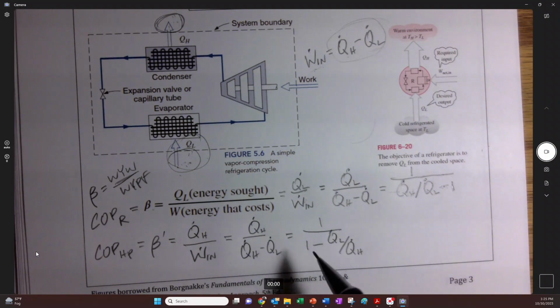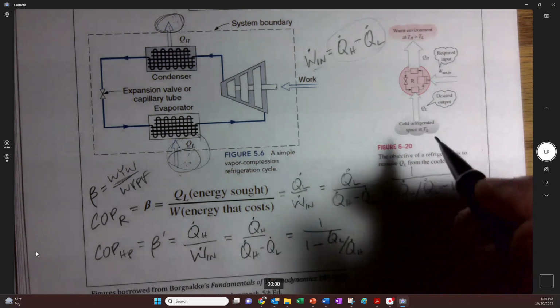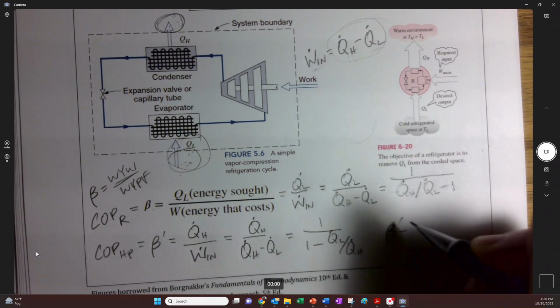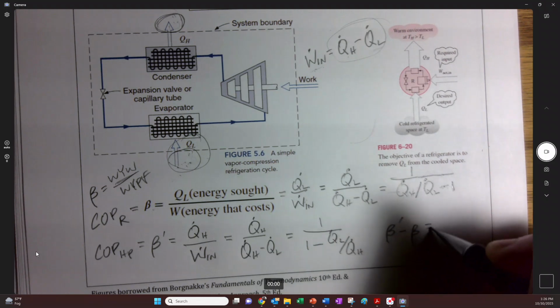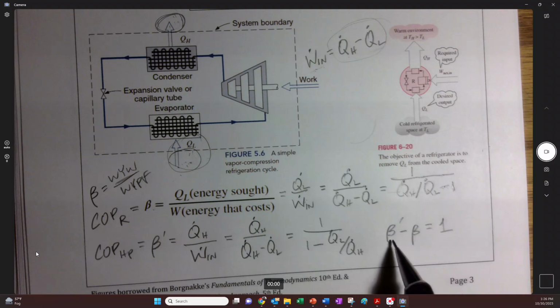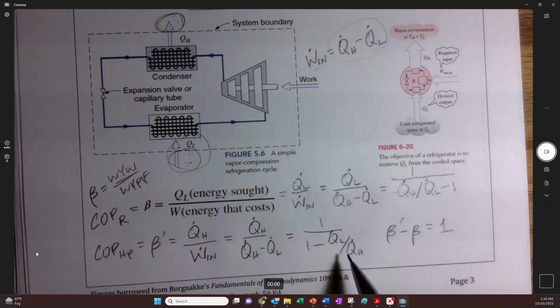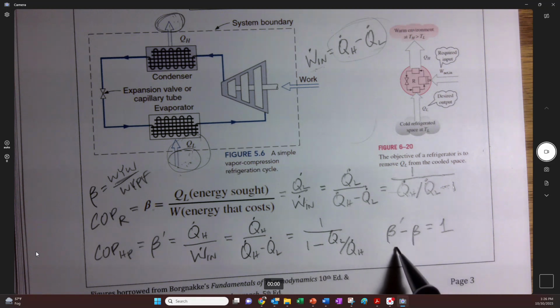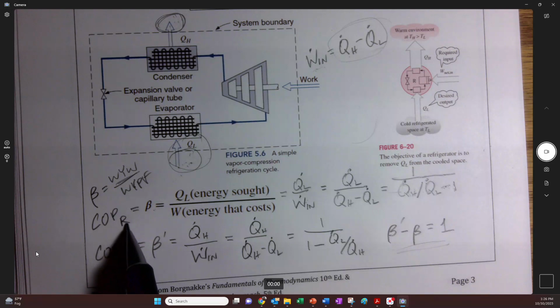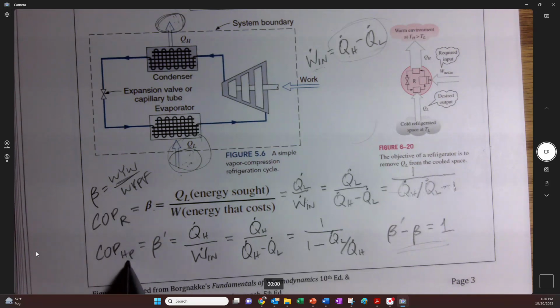And this too is going to be greater than 1. If you had the same values though, note that you get this just from math, just from the algebra of this. If you had the same values of QL and QH in the flow, here's going to be the relationship between a unit that's used as a refrigerator versus a unit that's used as a heat pump.